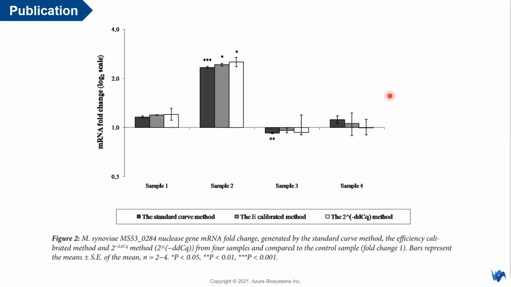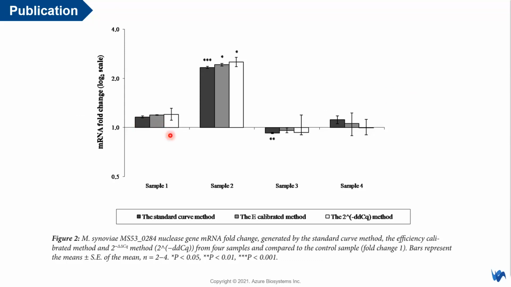But I will bring your attention to the final result, where they compare the three different analyses with the same set of data. Right. So you have the standard curve method indicated in this dark color bar over here. This is the fold changes calculated. And then these are fold changes calculated by the efficiency calibrated method and also the delta delta CT method over here.